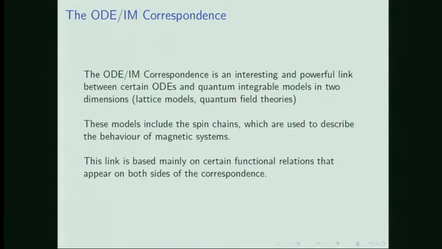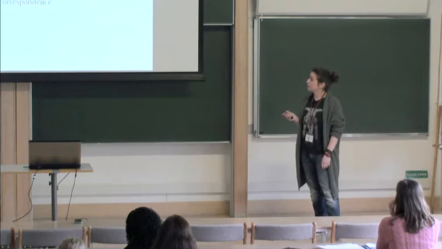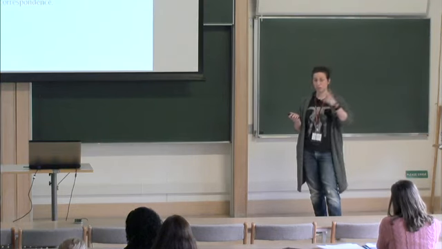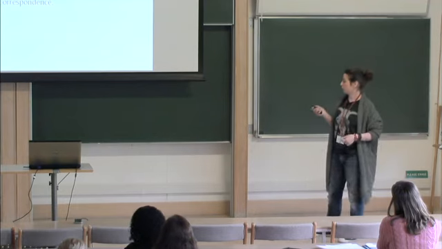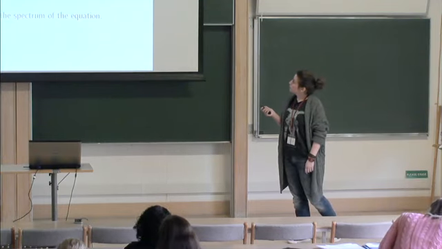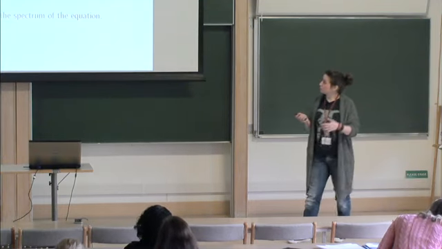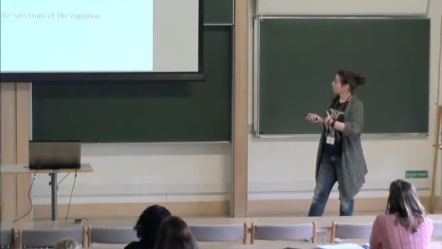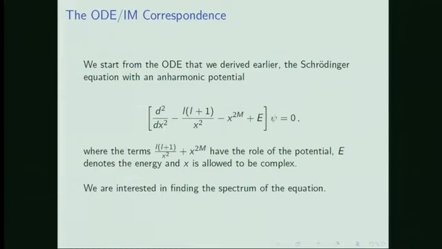And this link between the ODEs and the quantum integrable models is actually based on functional relations that appear on both sides, both on the ODE and the integrable model side. So we'll start again with this Schrödinger equation with this anharmonic potential we recovered from the Sinh-Gordon equation.